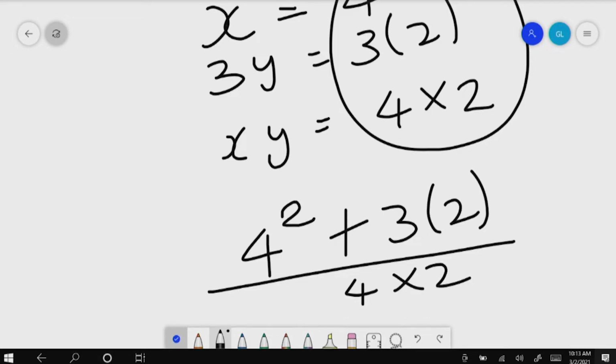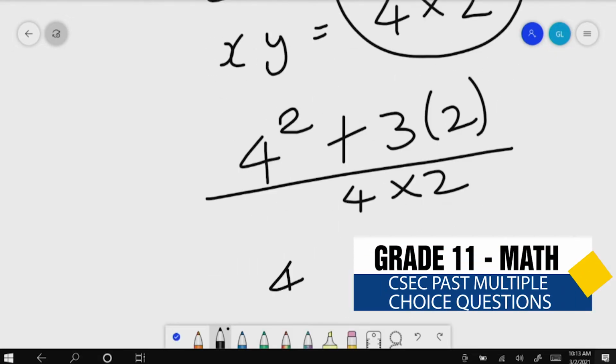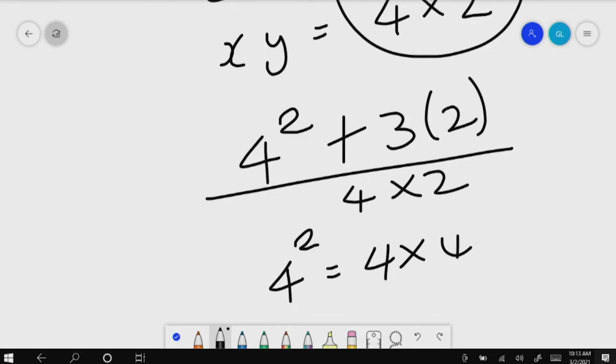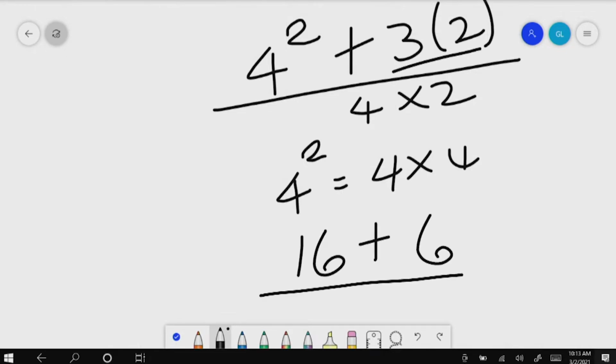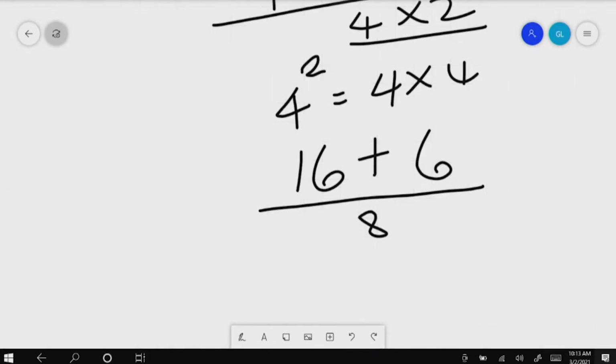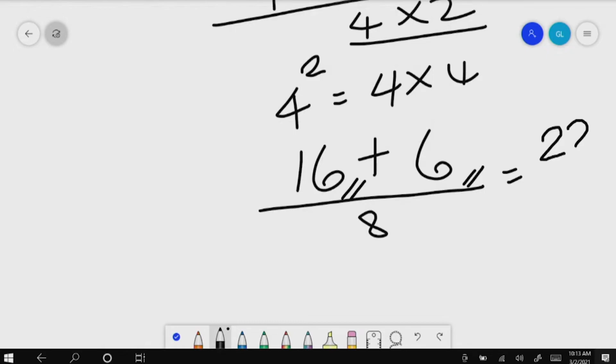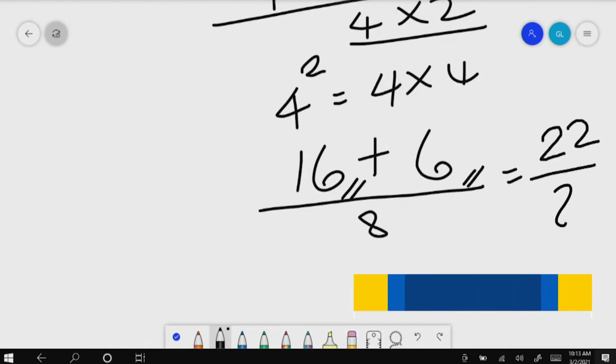In computing this, 4 squared would have been 4 times 4. So this would have given us 16 plus 3 times 2 would have given us 6. 4 times 2 gave us 8. In further simplifying, 16 plus 6 gave us 22 divided by 8.